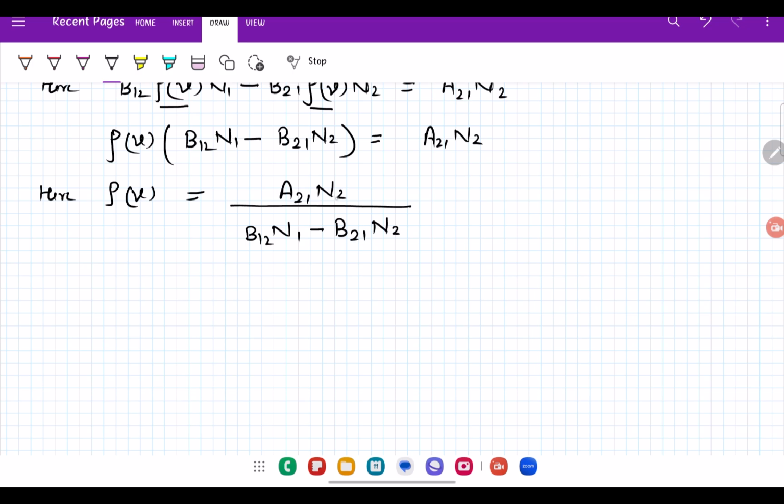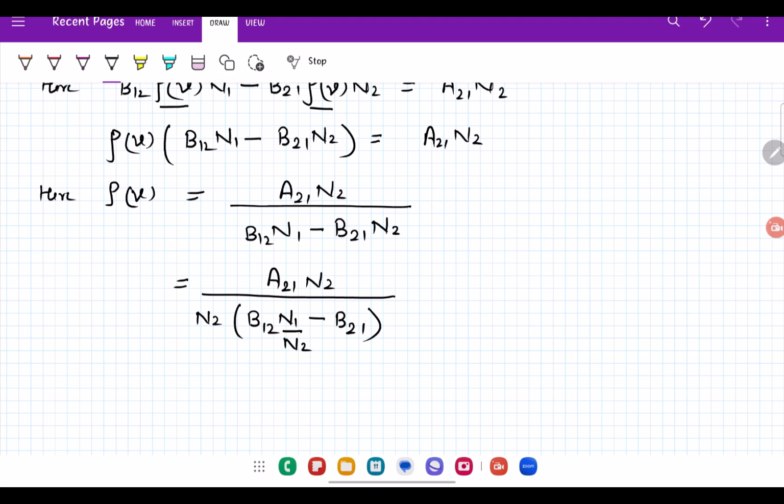Now here we have N2, we need to eliminate this N2, so I'm going to take N2 outside in the denominator: B12 N1 over N2 minus B21.